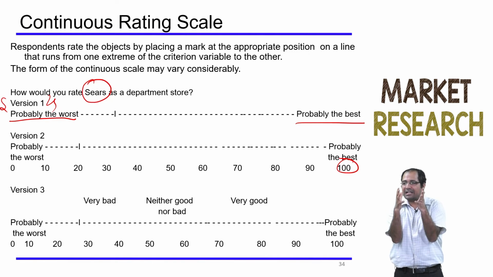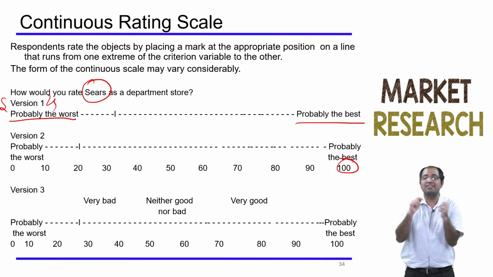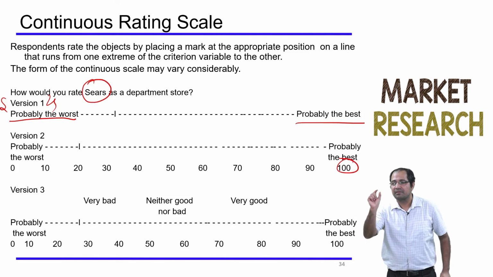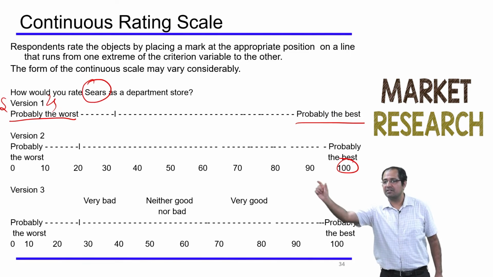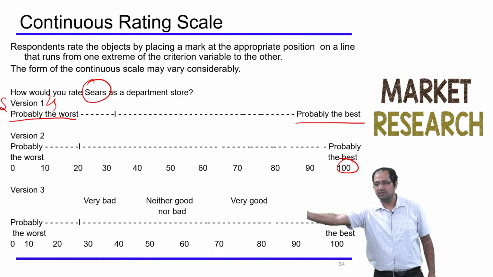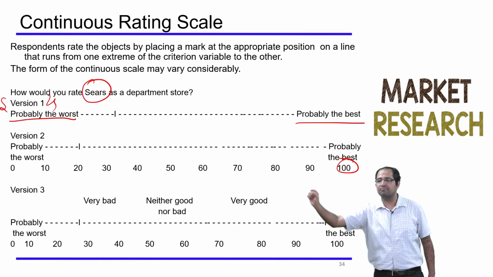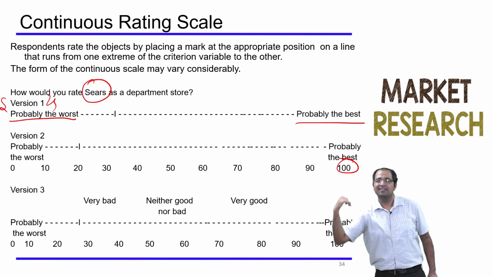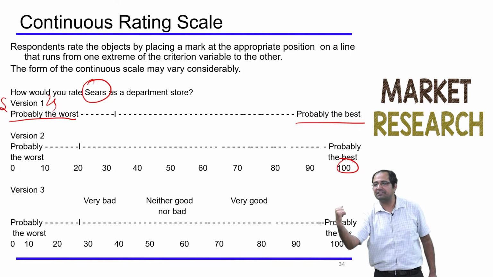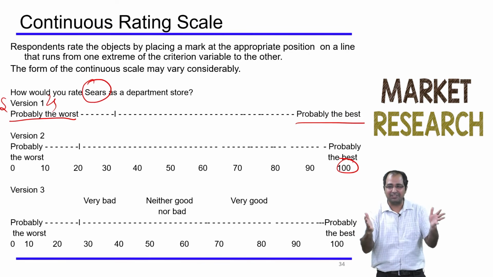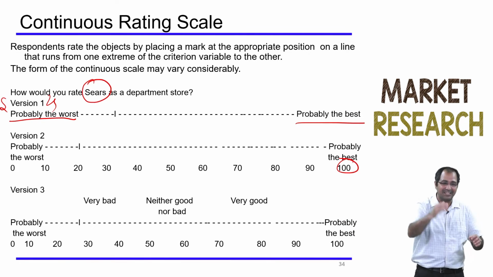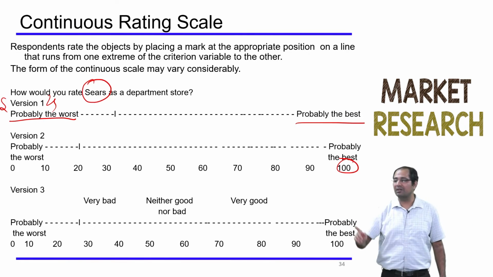If you compare Coke and Pepsi, that will become comparative scale. In non-comparative, what you will say? I prefer Coke, from 1 to 5, strongly agree. I prefer Pepsi, 1 to 5. So you will take the reading separately for Coke first and Pepsi next. You would not say compare. When you say compare, then it becomes comparative. When you take one at a time, that becomes non-comparative scaling.